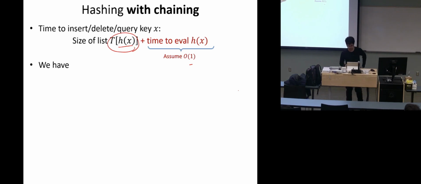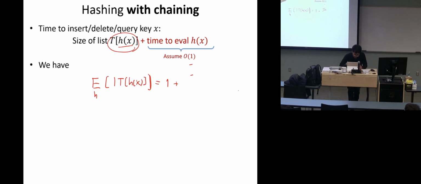Well, let's look at the expectation of the size of this list. The randomness is over h. So that's going to be 1, because you know that x is going to be in this list. So that's 1.